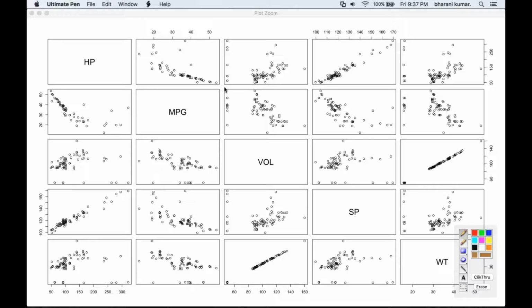That is the reason why you should spend 60% of your time in exploratory data analysis, which includes your data visualization also.